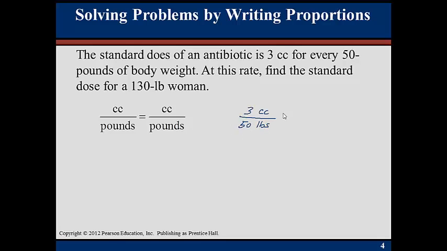This is the ratio that they are giving you. We have our equal sign. Now we got to find the standard dose for a 130-pound woman. You're looking for the dose, so you do not know how many cc's, so you're going to put your n up here. So this is n cc's. And we know the woman is 130 pounds. Make sure your units match. So cc's up top, pounds on the bottom. And of course we can cross multiply.